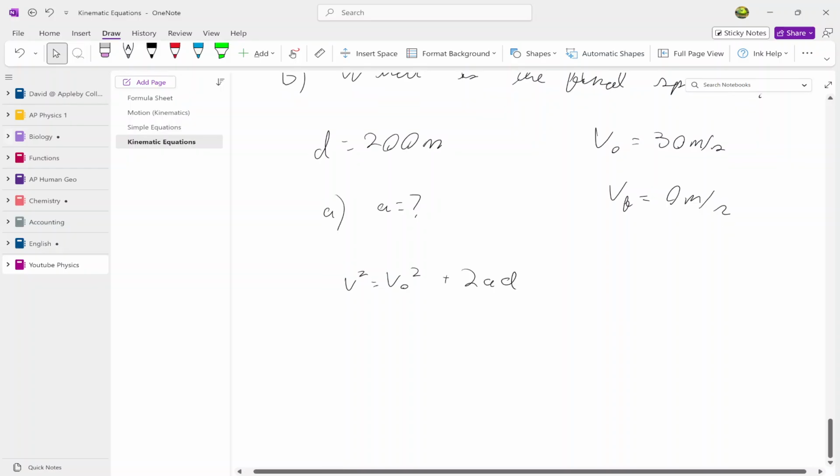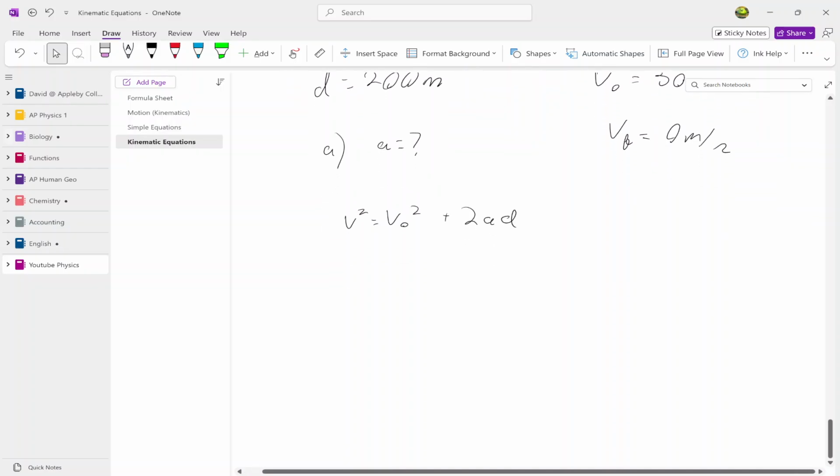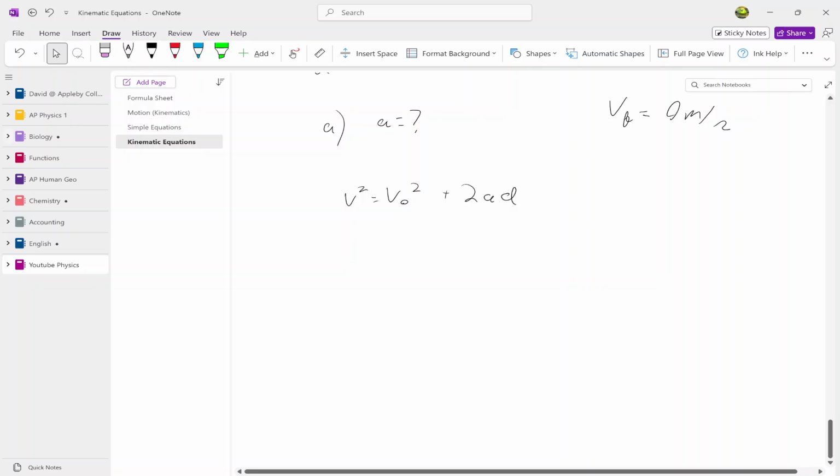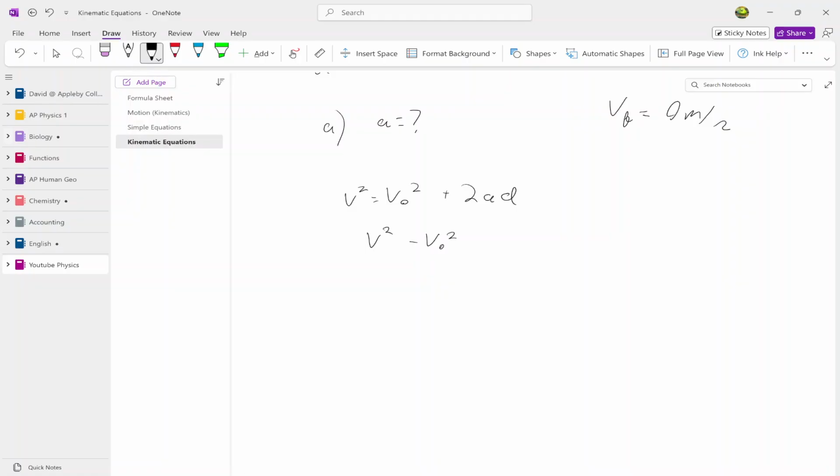So let's plug in what we, no, sorry, rearrange first. So first, v squared minus vo squared, and then divided by 2d equals a.